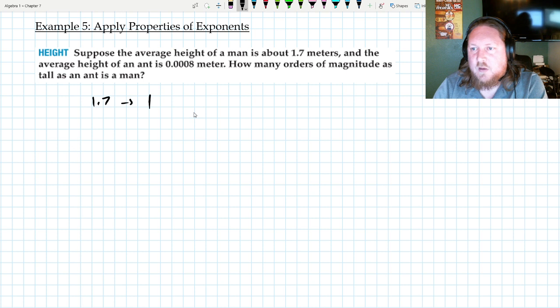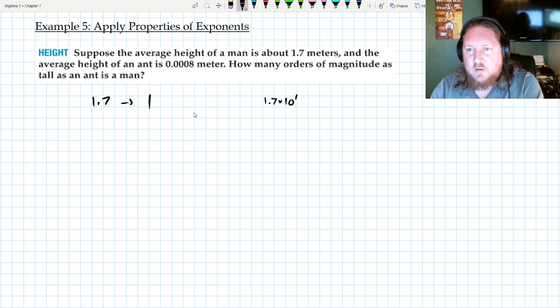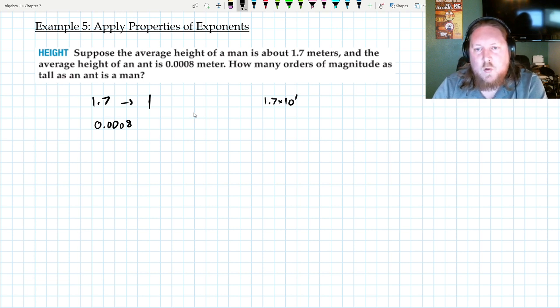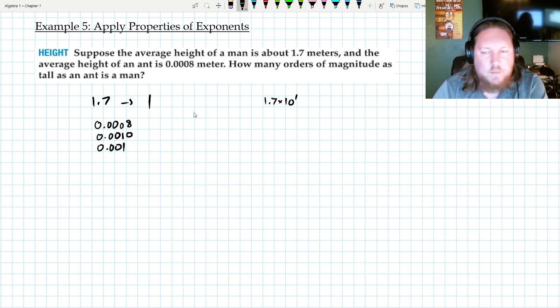If you remember scientific notation, it's 1.7 times 10 to the 1, but we're not really talking about that yet. 0.0008 is smaller, but 8 is pretty close to 10, so why don't I make that 0.001.